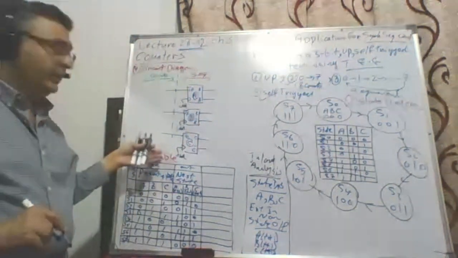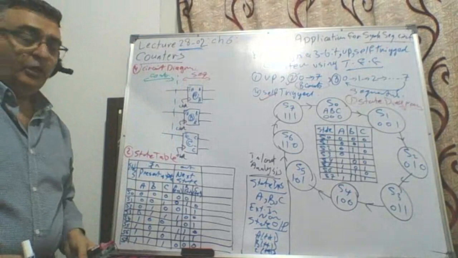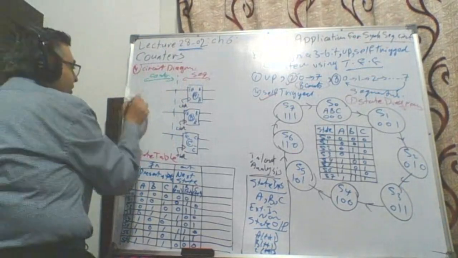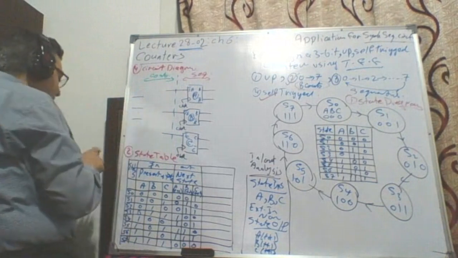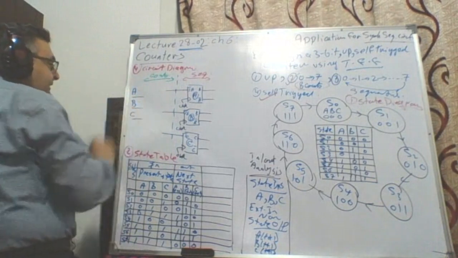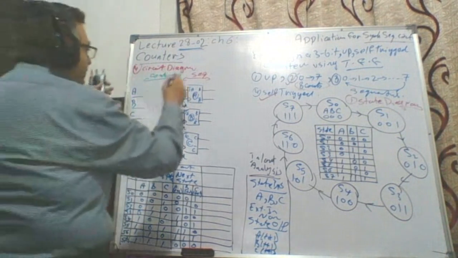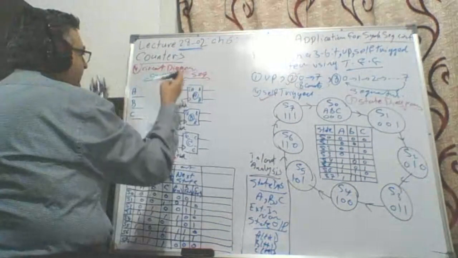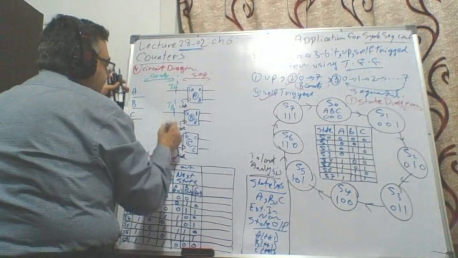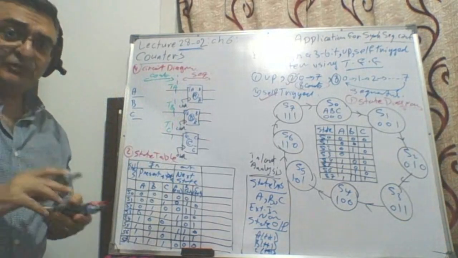Okay, so we build the sequential part. Sequential part is done. What is actually left for me is the combinational circuit. What are the inputs of the combinational? It's A, B, and C. The outputs of the combinational are TA, TB, TC. We decided to use the T flip-flop.